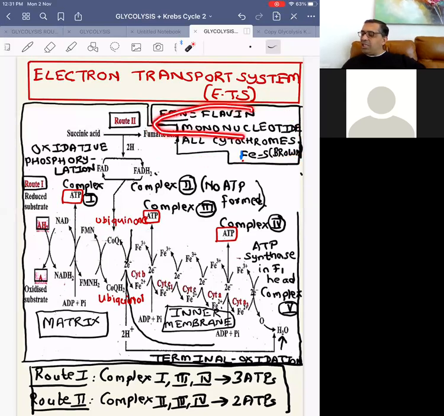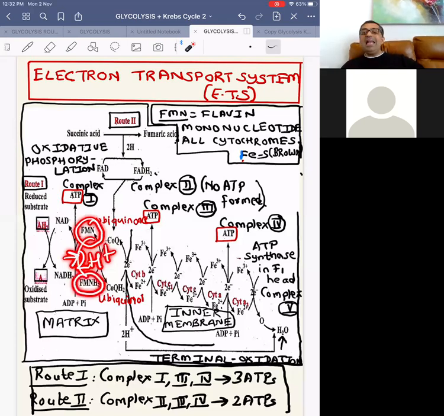Flavin mononucleotide accepts the hydrogen and gets reduced to become FMNH2. FMNH2 once again gives away the hydrogen and gets oxidized back to FMN.